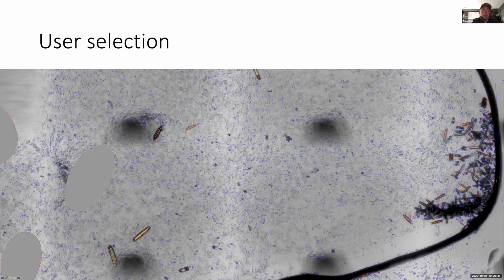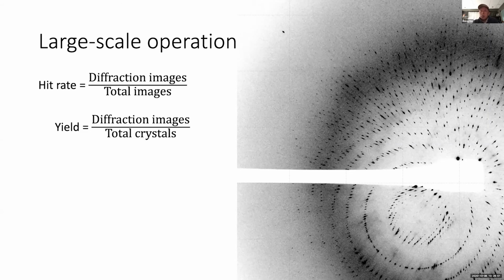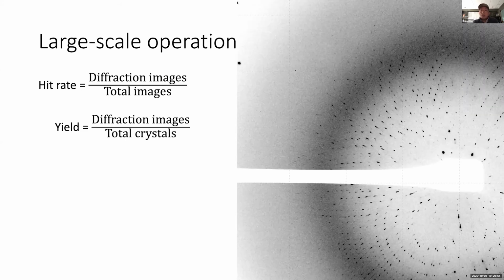But anyway, with this kind of large operation, we can easily get hundreds to thousands of Laue diffraction images, very good Laue diffraction images.